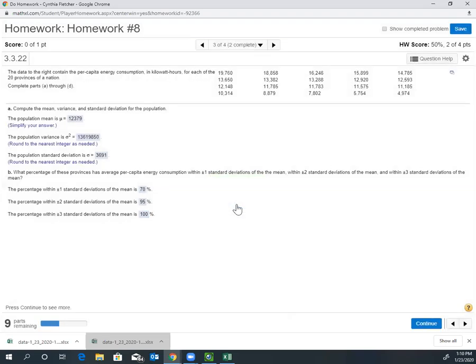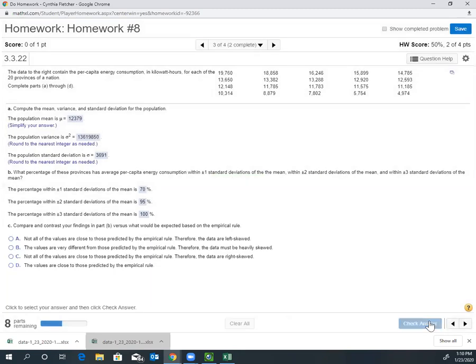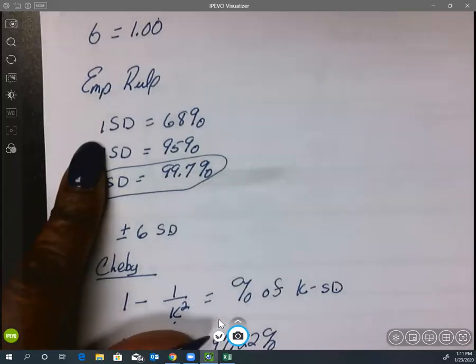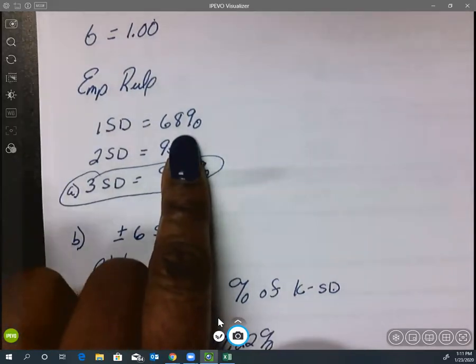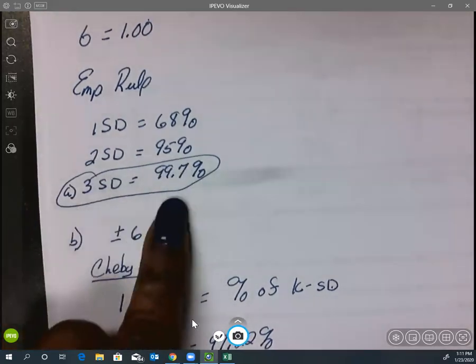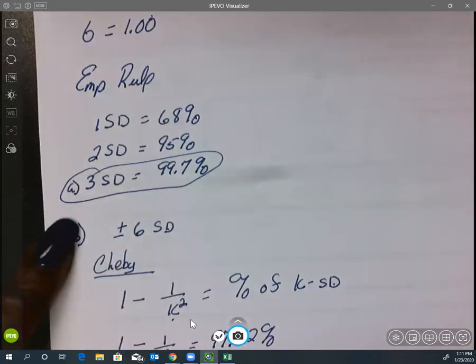So that piece is done. It says 9 more parts, guys. It says compare and contrast your findings in part B versus what you would expect based on the empirical rule. So remember the empirical rule says that 68% of the data will fall within 1 standard deviation, 95% will fall within 2, and 99.7 will fall within 3.